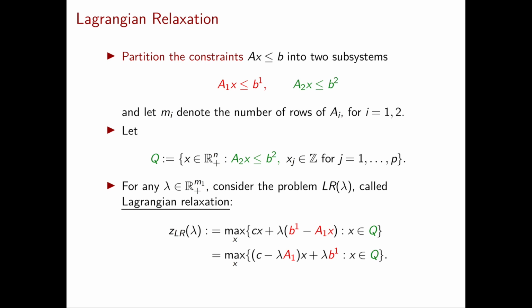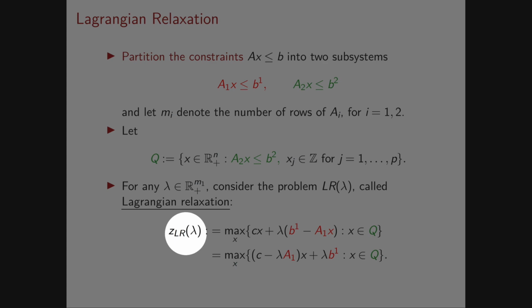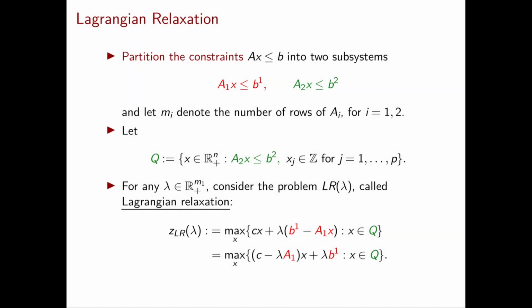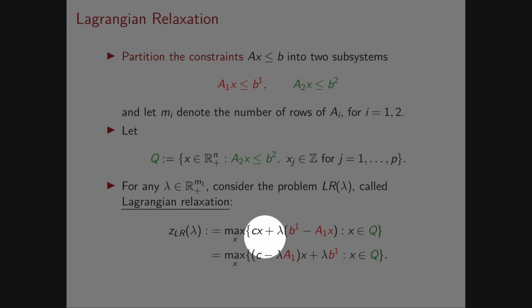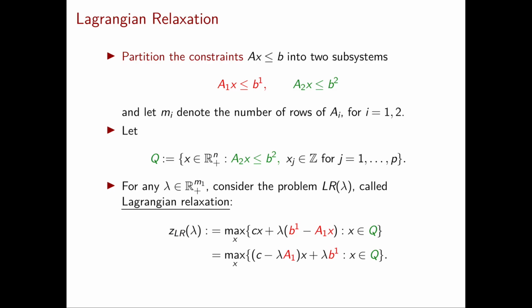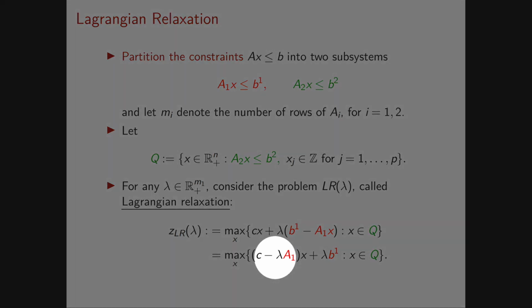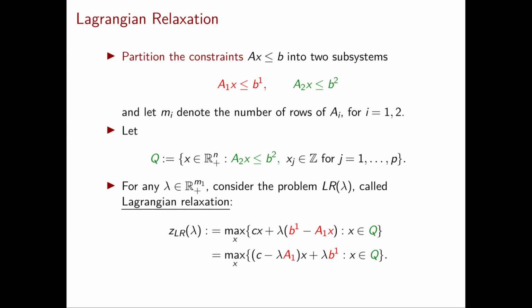Now, the optimal value of this maximization problem is denoted by z_LR(lambda). And here in the last line, we simply have the same Lagrangian relaxation, just rewritten in a way where the x variables are all together, so that it's a bit clearer what is the function that you're maximizing. In fact, such objective function is (c minus lambda A1) times x, because essentially lambda b1 is a constant once you have fixed your lambda.